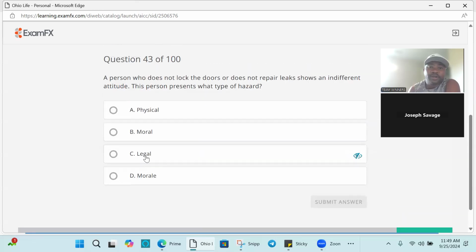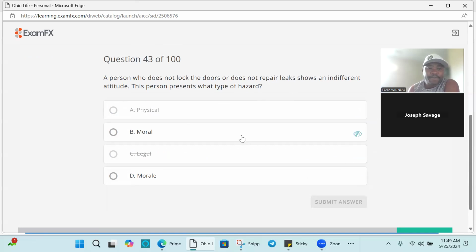A person who does not lock the doors or does not repair leaks shows an indifferent attitude. This person presents what type of hazard? Could be moral or morale, one of those two. It's not physical. It's not legal. It's just poor decisions.